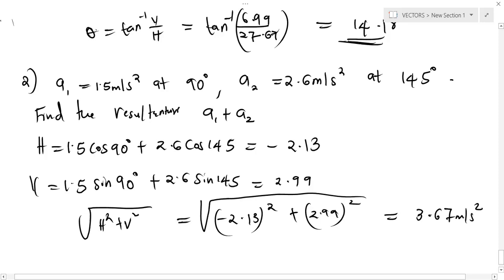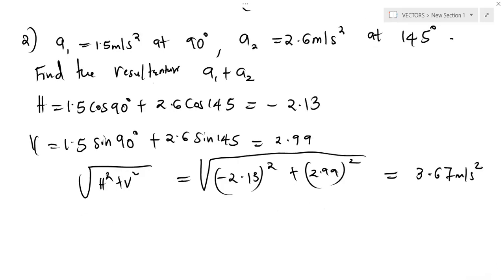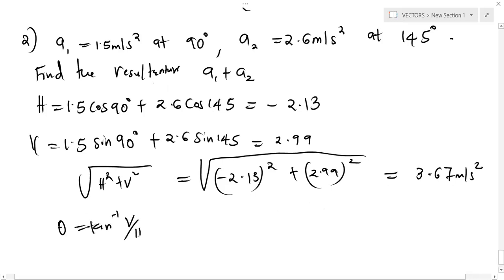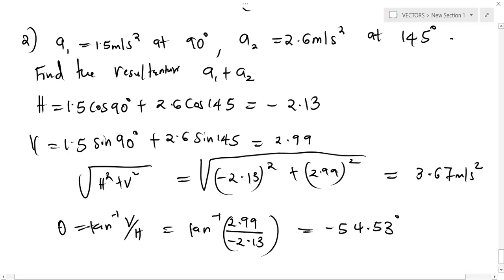Similarly, we get theta, which is tan inverse of v over h. So this is tan inverse of 2.99 over minus 2.13. If we evaluate this, we get minus 54.53 degrees.